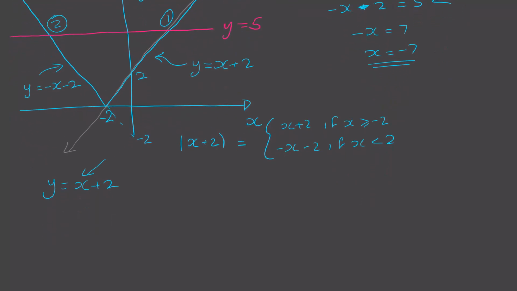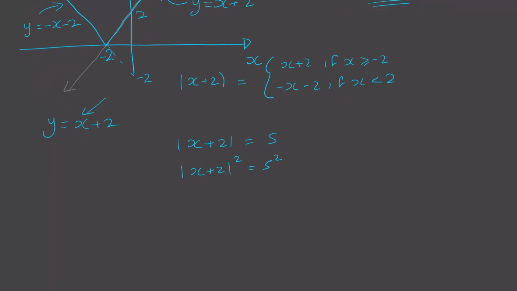Another way of doing it is the square both sides method. So what we could do is we've got mod x plus 2 is equal to 5. If we square both sides, then squaring makes things positive anyway, so we don't need the modulus, and we have x plus 2 all squared is equal to 25.